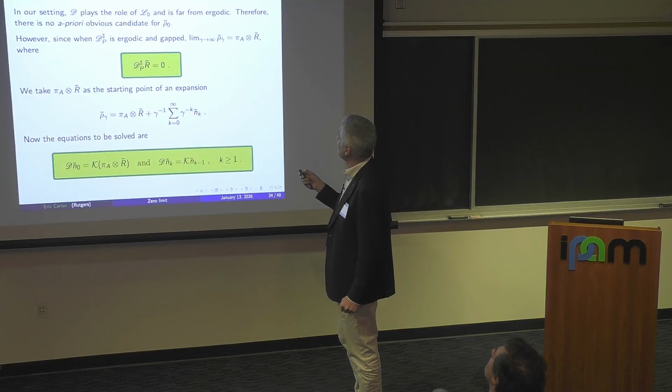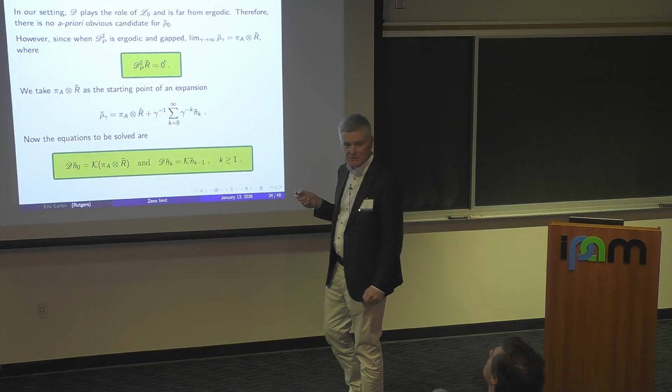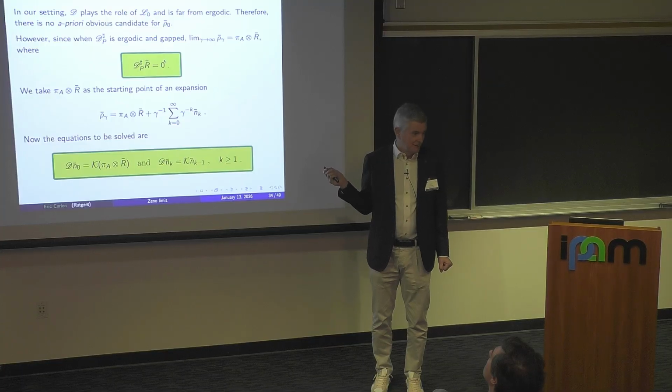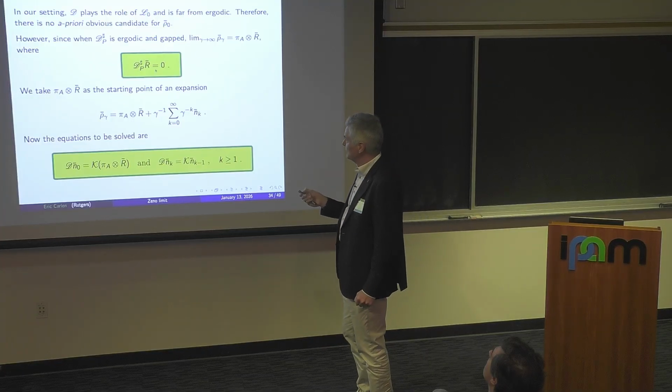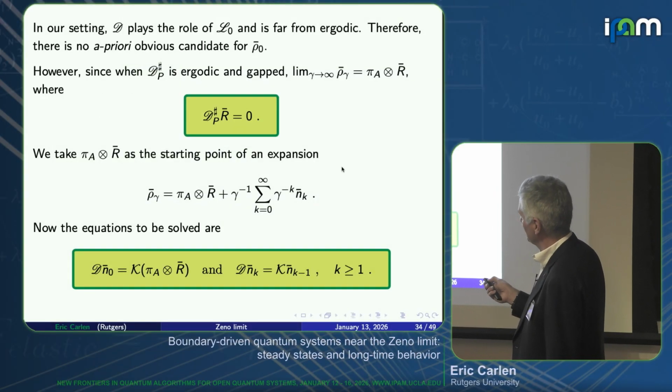Because this limit of the rho gamma, the thing we'd like to expand, in gamma goes to infinity, is pi tensor r bar, where r bar satisfies the steady state equation for our new Lindbladian. That's the equation for the starting point, okay? So you take this as the starting point, and then you look for an expansion of this type, and you do the same thing.